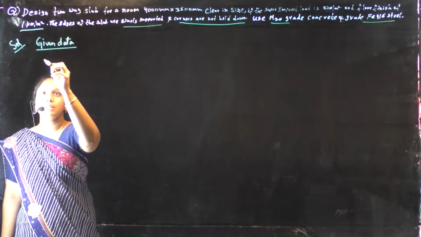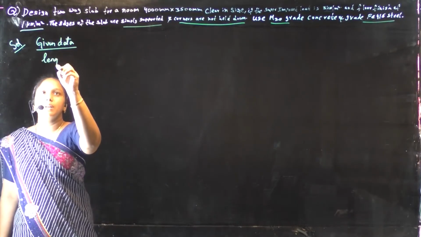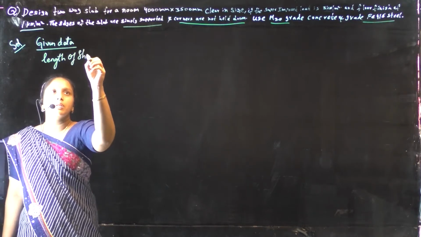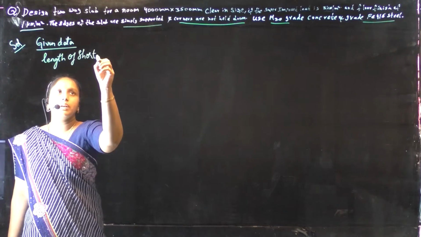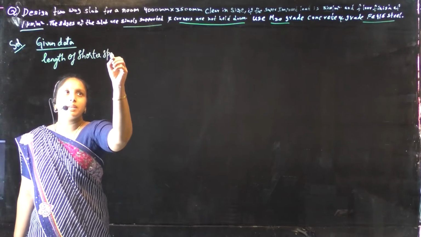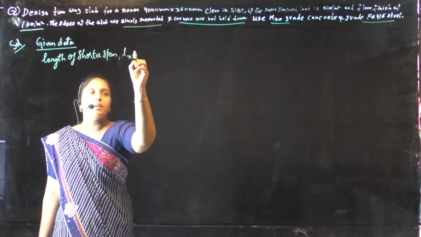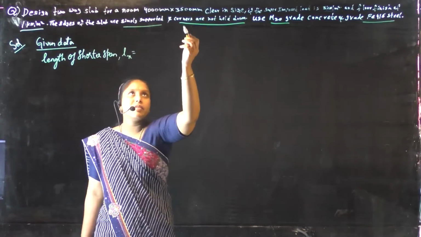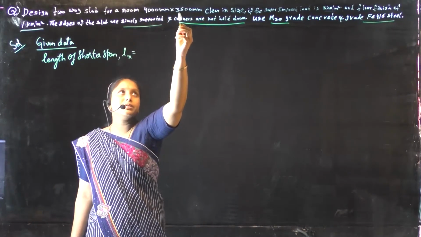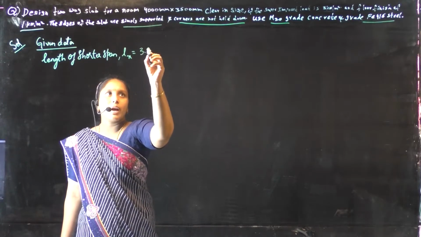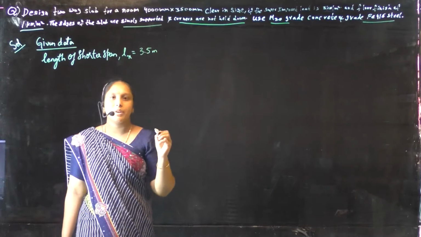So the length of the shorter span is given here. What is the length of the shorter span? It is denoted by Lx. How much is Lx given here? It is 3500 mm, or simply you can write it as 3.5 meters.